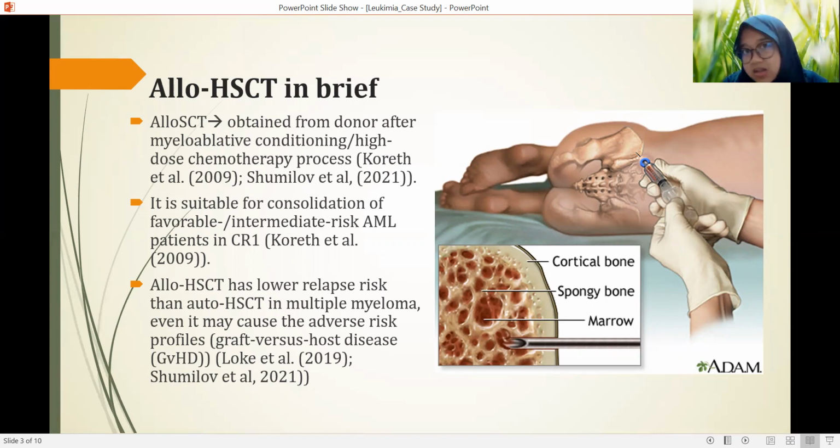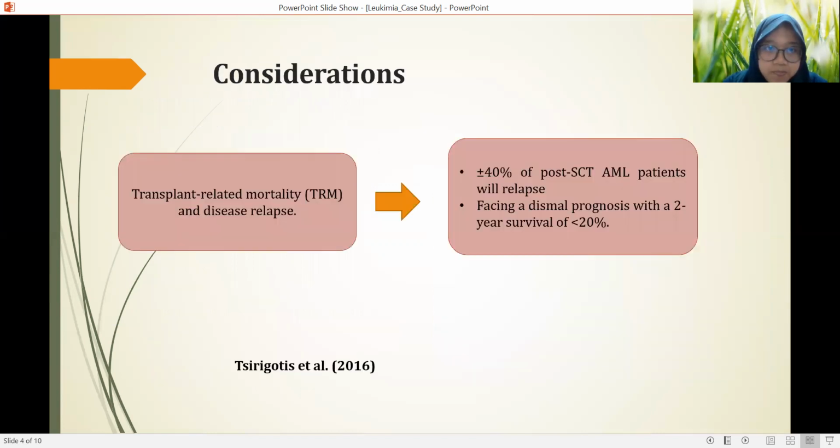So what's the adverse risk? That's the graft versus host disease. The patient's body will reject the hematopoietic stem cell graft through the immune system.